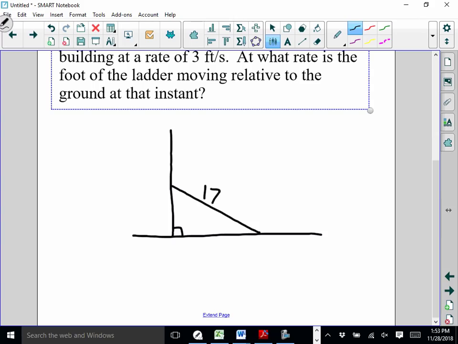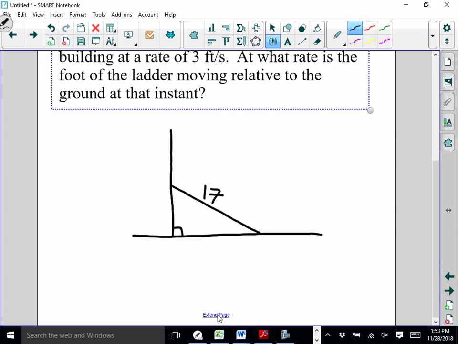What I do want to come up with is that distance between the foot of the ladder and the building, that will be changing. That distance between the top of the ladder and the ground, that distance will be changing. So I want to come up with variables for those. I'm going to choose the letters x and y because it looks like an xy axis to me.